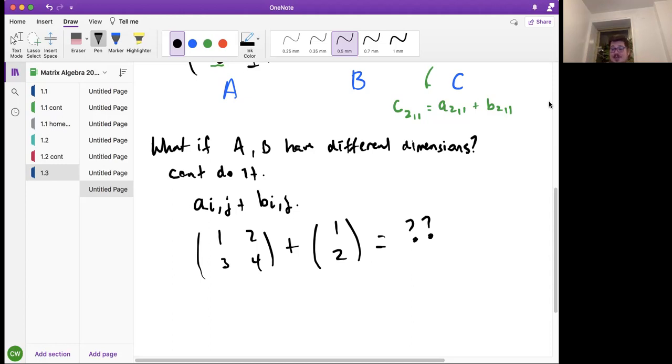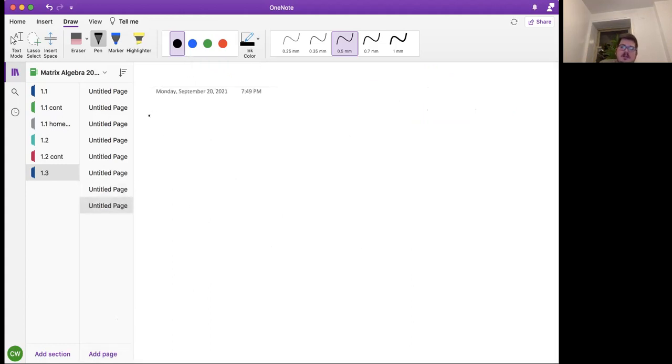So this is why multiplication is so much more confusing than addition. So we're going to spend a lot of time on what multiplication even means for matrices. But for addition, they have to be the same. All right. Does that cover that? Is matrix addition commutative?